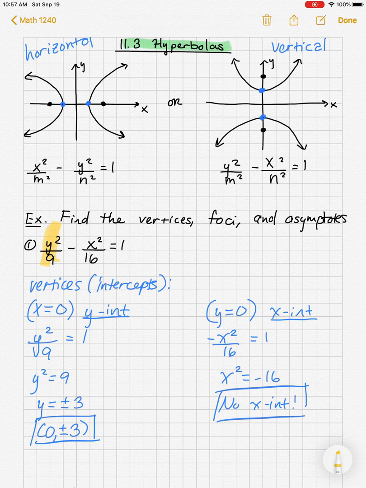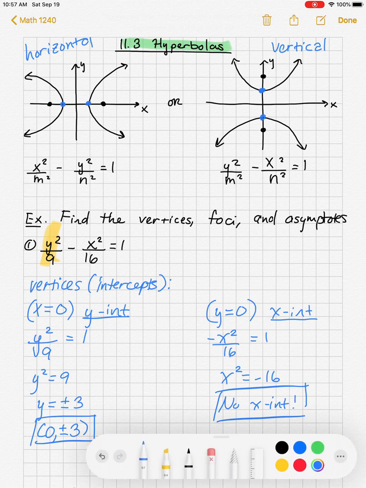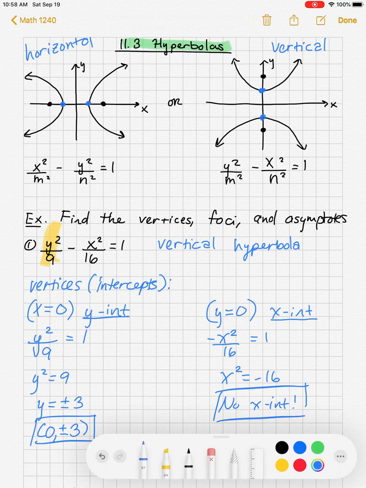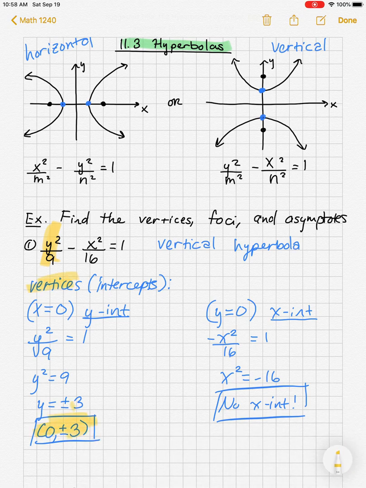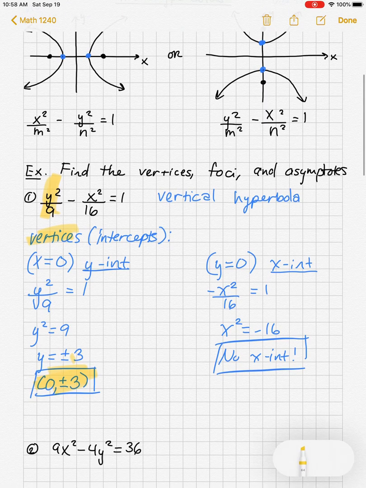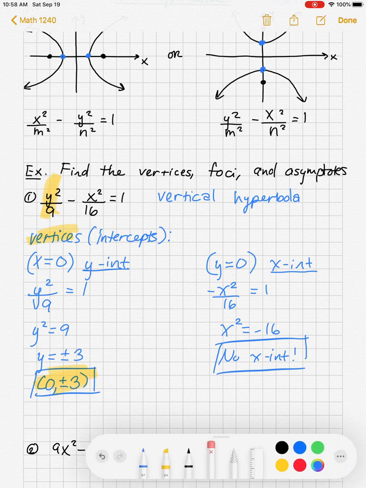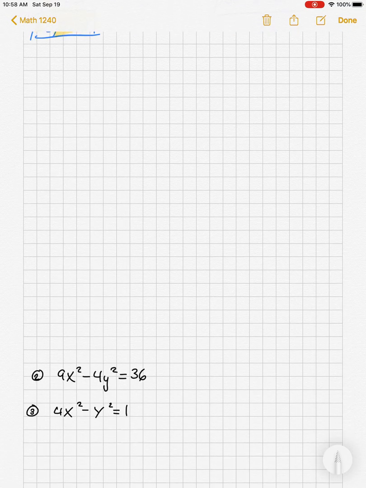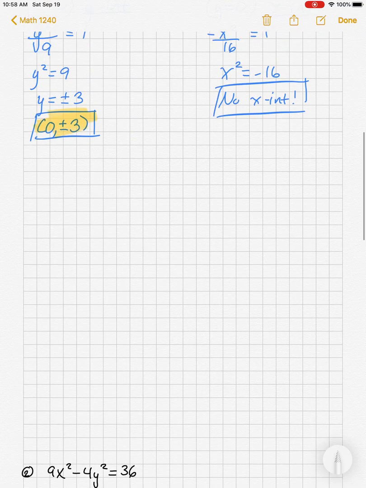In this case, I could tell you immediately, because the y has the positive coefficient, this is a vertical hyperbola. And look, I found the vertices. Those are the intercepts. In this case, they're y-intercepts. So what's left? The foci and the asymptotes. Let me start a sketch. Need some more room here.